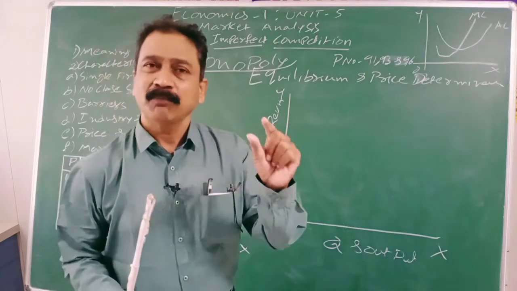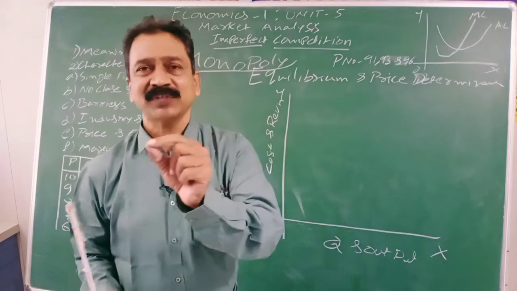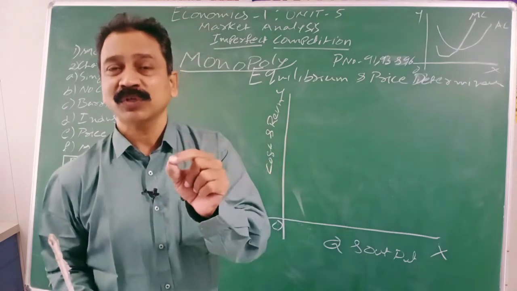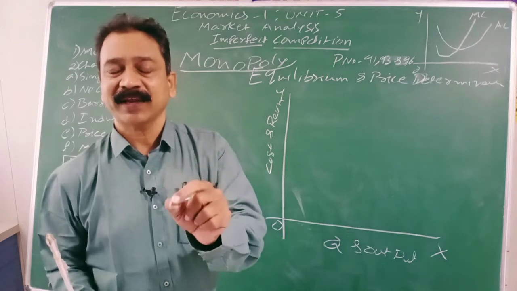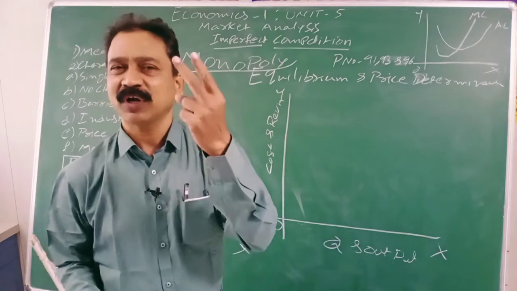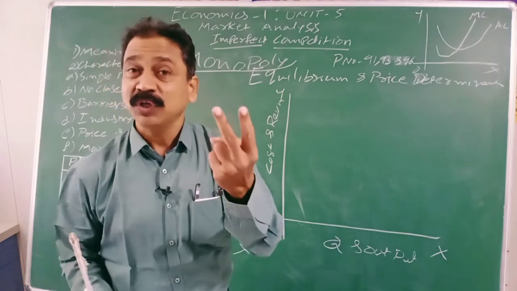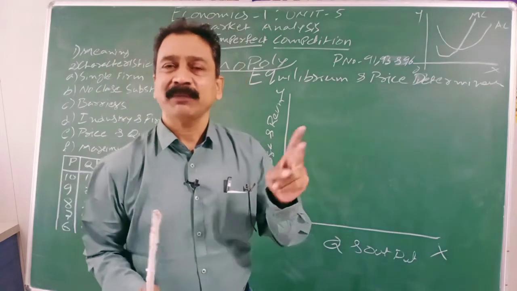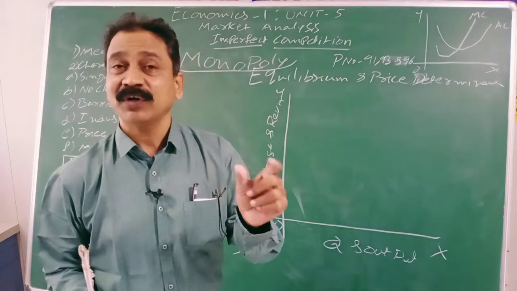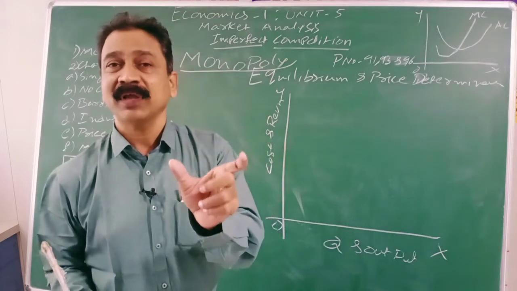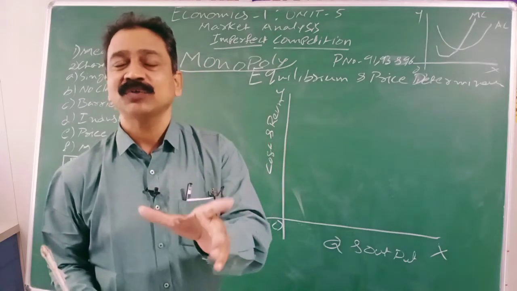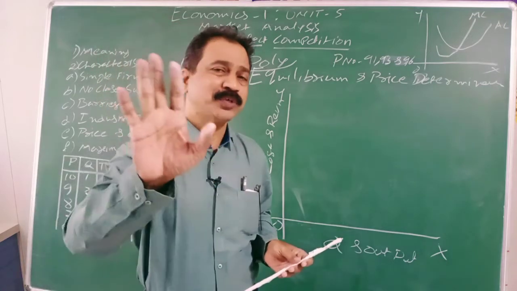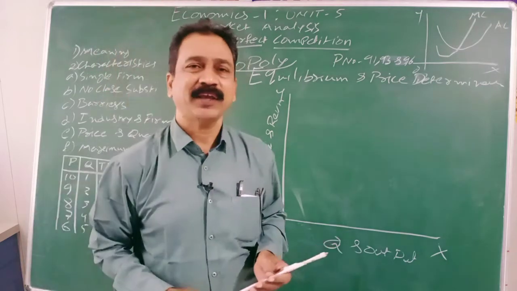You need to write mono means single, poly means seller. Monopoly means single seller with no close substitute in the market. If you write this much, you get 2 marks. Easy, simple marks. Monopoly means single seller without any close substitute in the market. So whatever he is selling, if there is no close substitute for that product, then it is a monopoly.